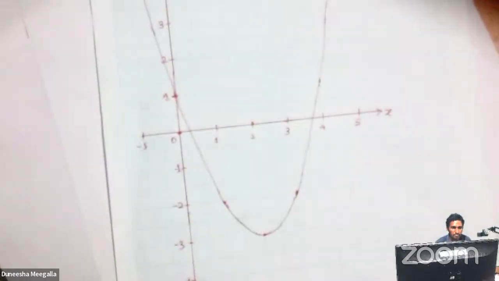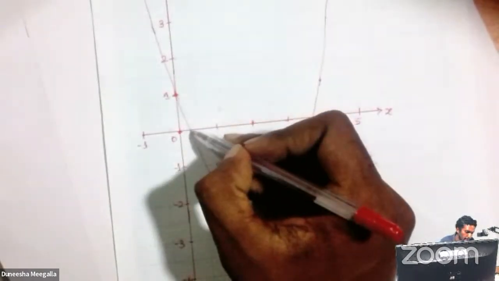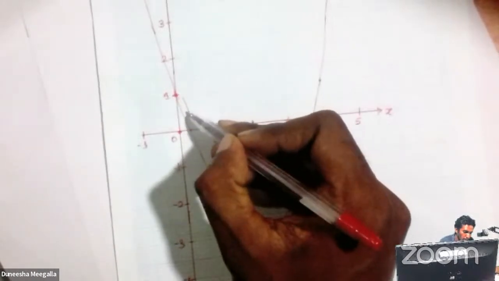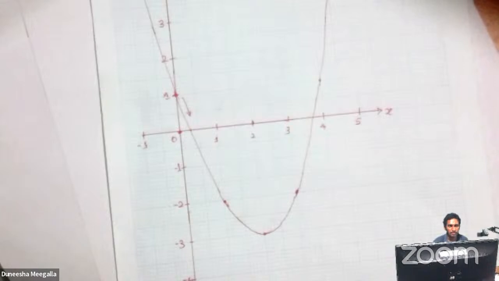When x is 0, what is the y value? It's 1. In this region, y is what?